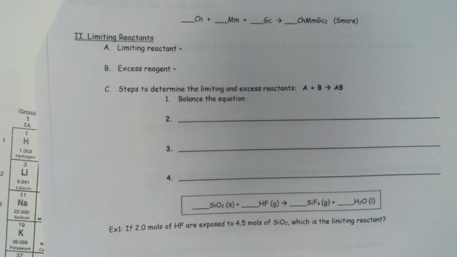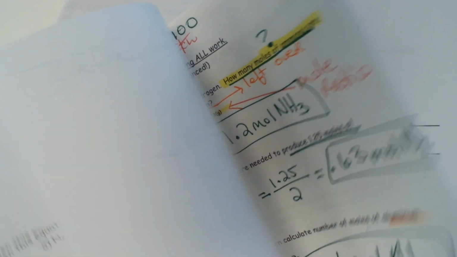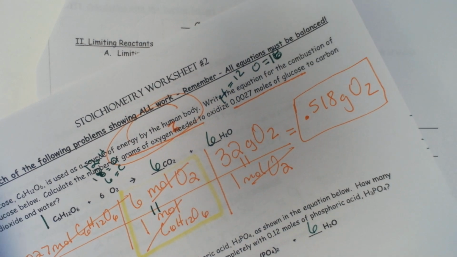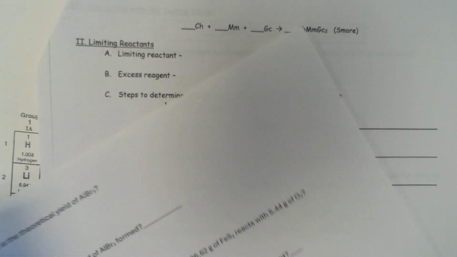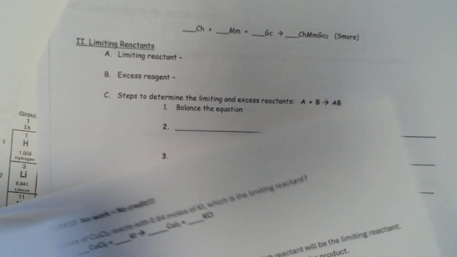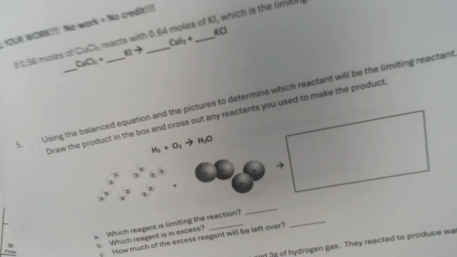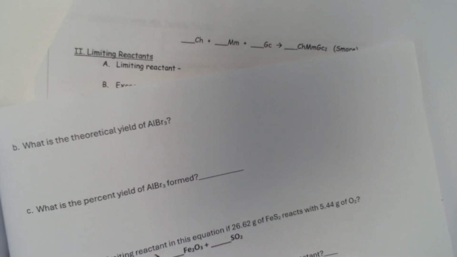Limiting and excess. Is this what our homework is covering? Homework number 3 that we didn't do. I think we had something about the back of the page. Oh, stoichiometry, homework number 3. Gotcha. 3 pages?